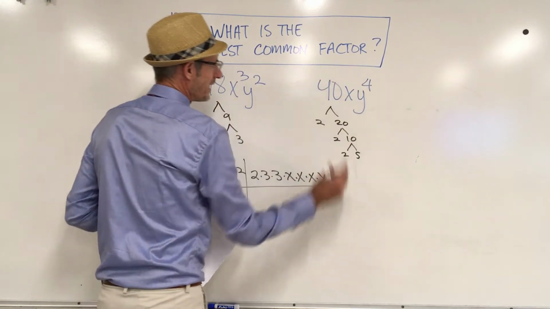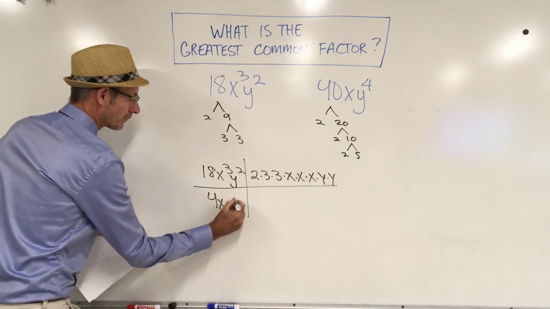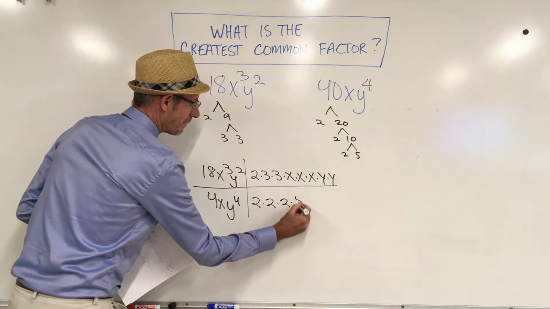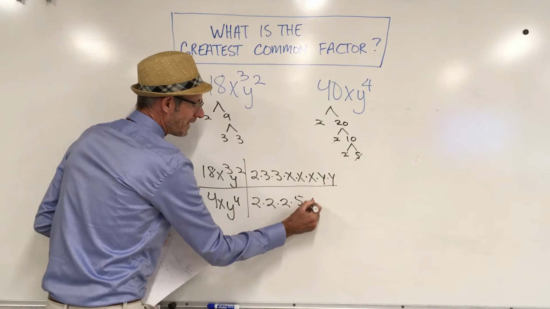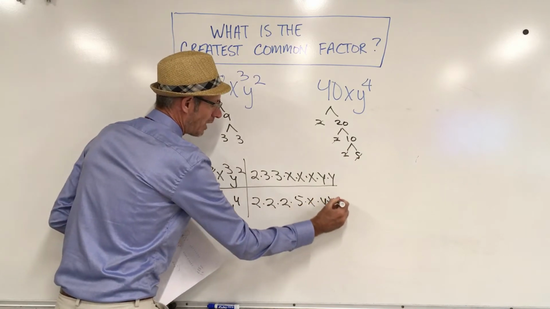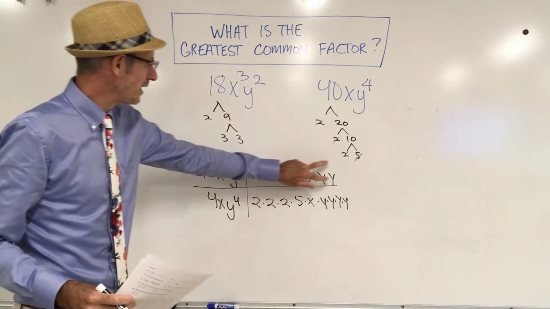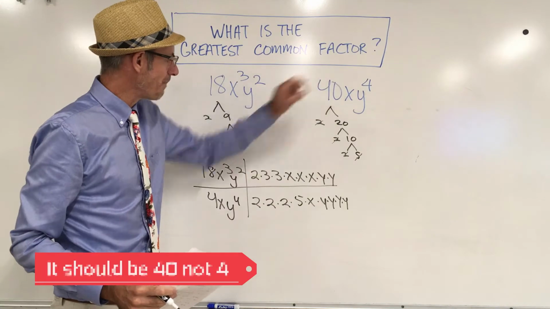When I go to my 40x y to the fourth, that's going to be 2 times 2 times 2 times 5 times x times y times y times y times y. So here's the prime factorization of this monomial, and here's the prime factorization of that monomial.